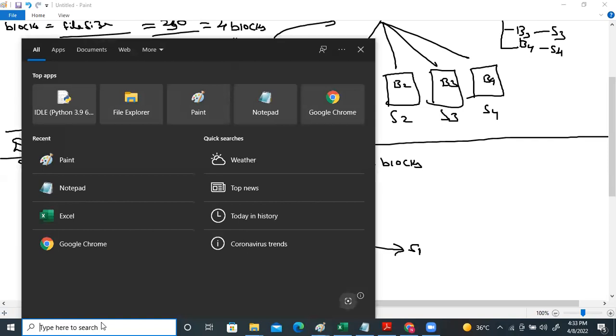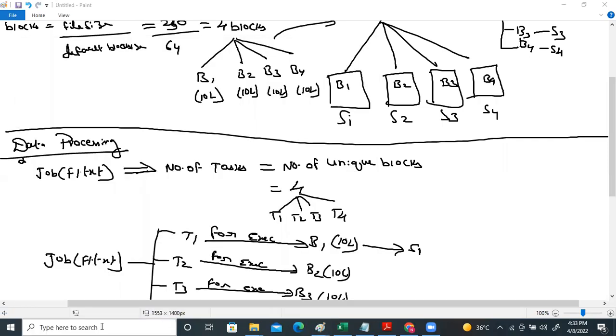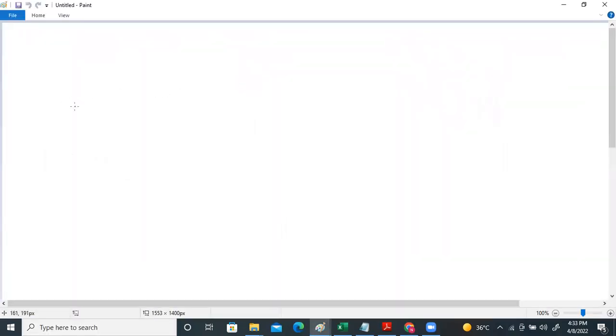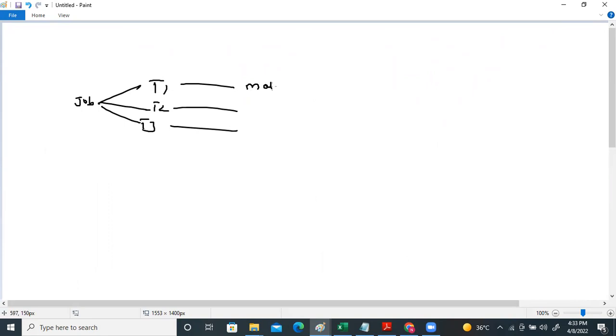For example, take a real-life example: I have a job and I'm dividing it into three tasks, T1, T2, T3. I need to assign them to three students, right? Student 1 is from a mathematical background, student 2 from physics, and student 3 from chemistry.